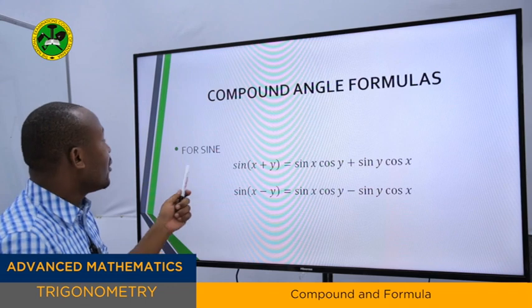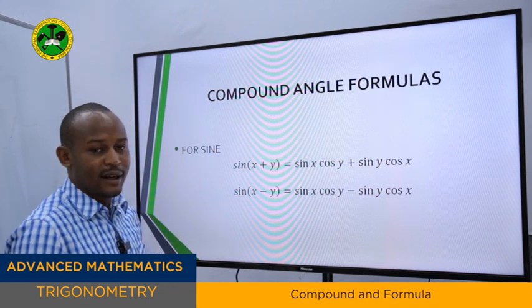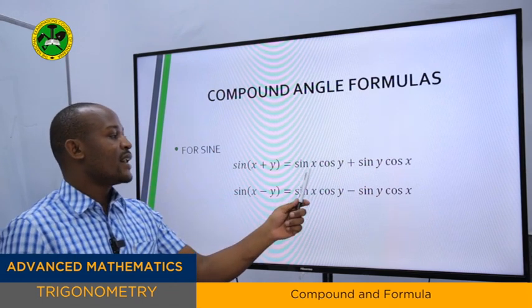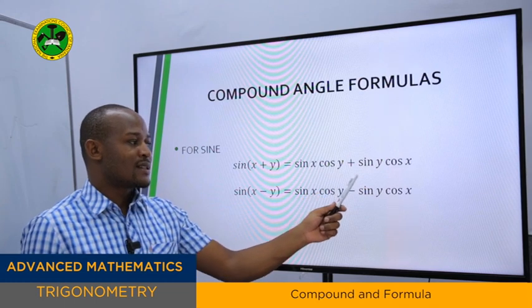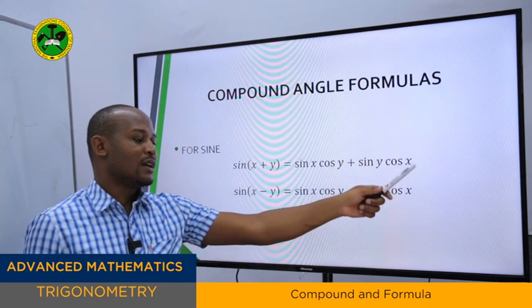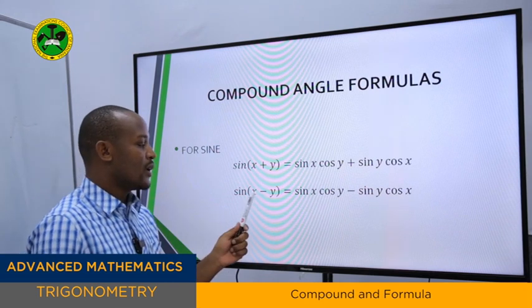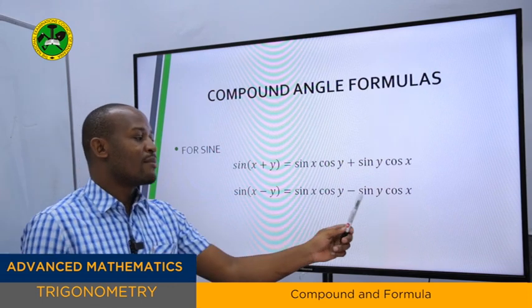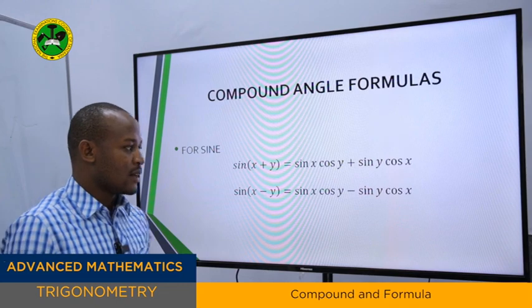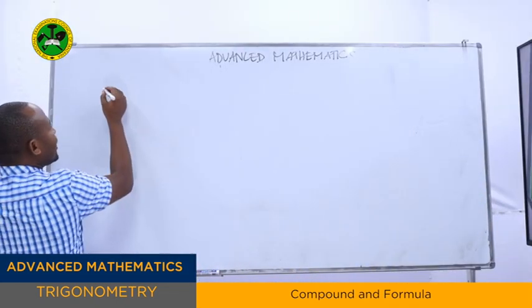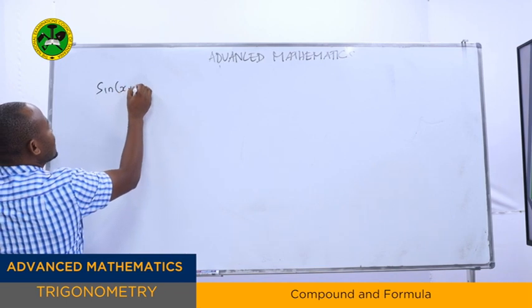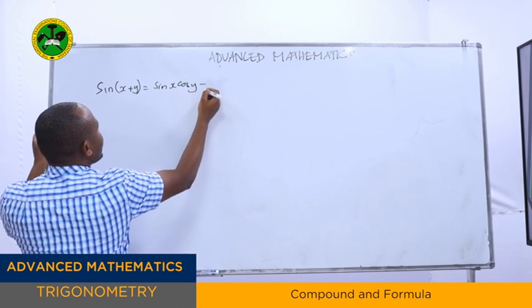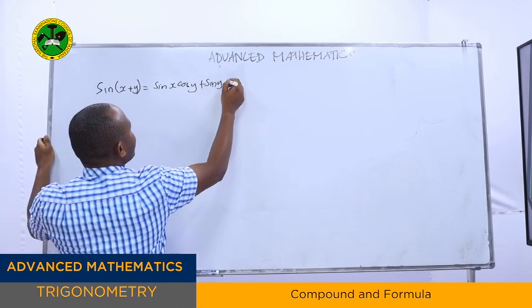Let's remind ourselves. First the compound angle formulas for sine. Sine of x plus y is equal to sine x cos y plus sine y cos x.